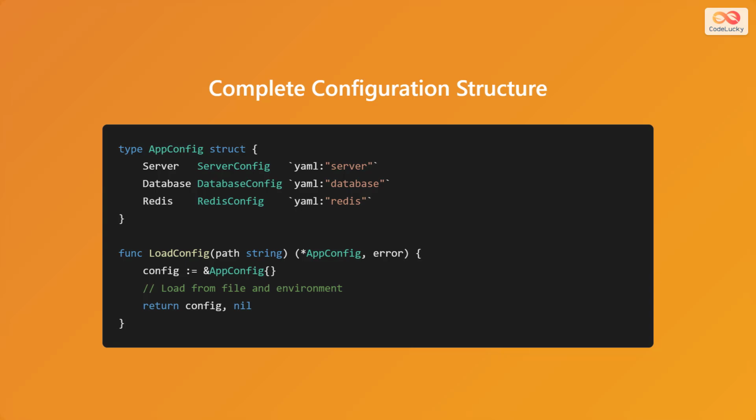The LoadConfig function represents a typical configuration loading pattern where we create a new AppConfig instance and populate it from both configuration files and environment variables. This structure promotes separation of concerns by organizing related configuration options together, making the configuration easier to understand and maintain. This approach scales well as your application grows and requires additional configuration options.